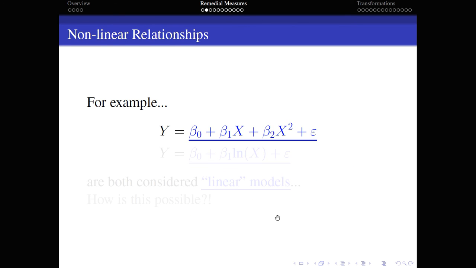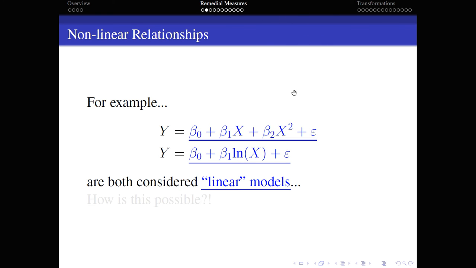So, for example, y equals the quadratic formula and y equals some regression equation using the natural log of x. Neither of these would give a linear fit. The quadratic formula would obviously give a quadratic curve fit, and this would give a natural log fit or inverse exponential. Both of these are considered linear models. Now, these are not linear relationships, but they are linear models.